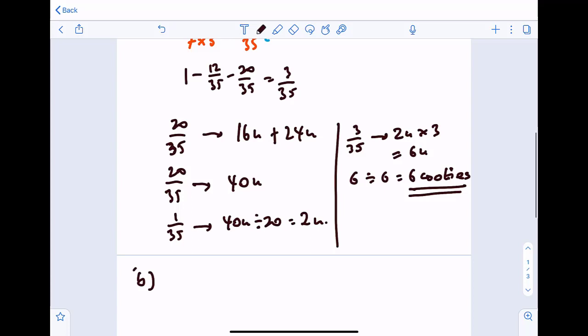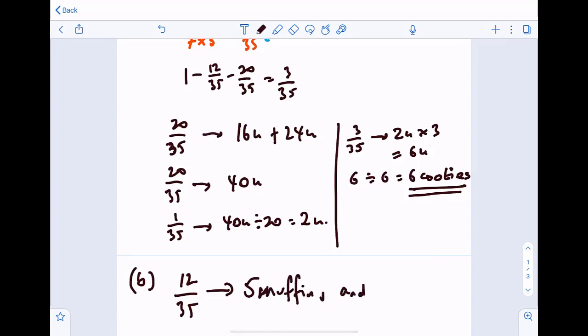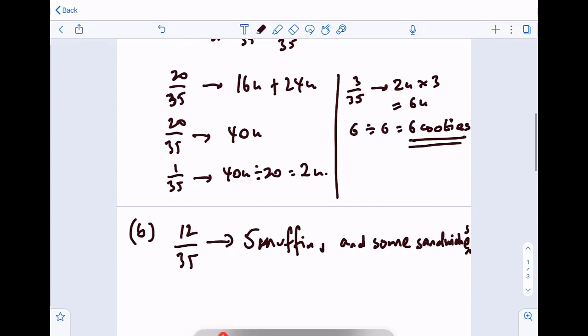So part B, 12 over 35 will be for 5 muffins and some sandwiches.